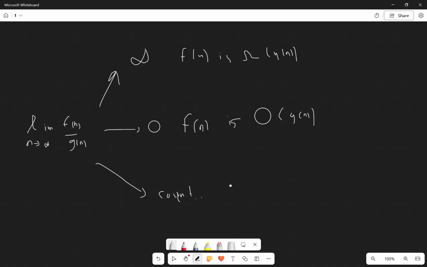And if it's a countable value, that means fn is theta of gn, like this. If the theta notation exists, that means omega and big O exist as well.